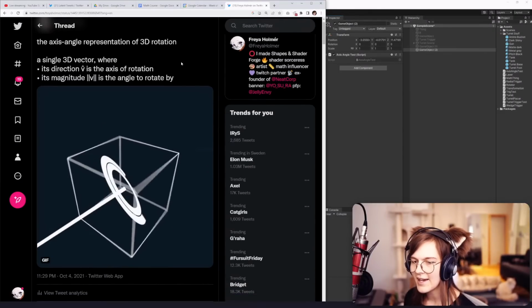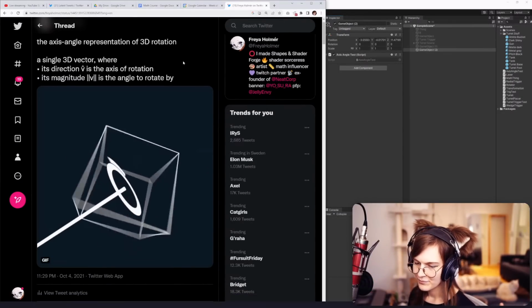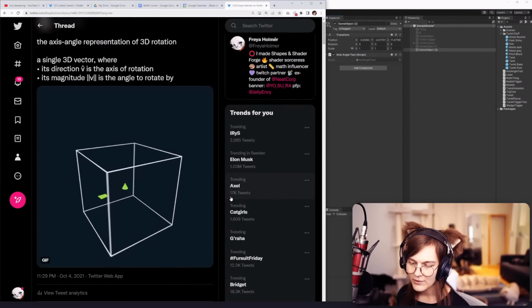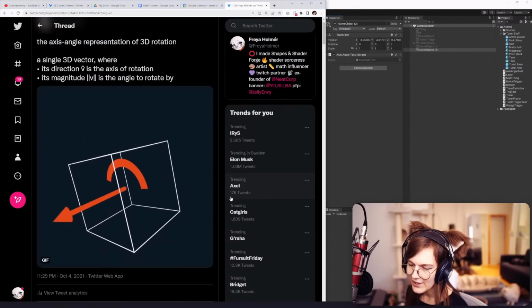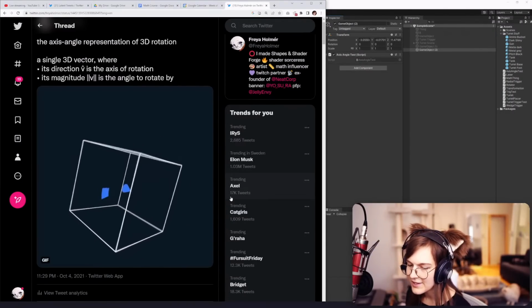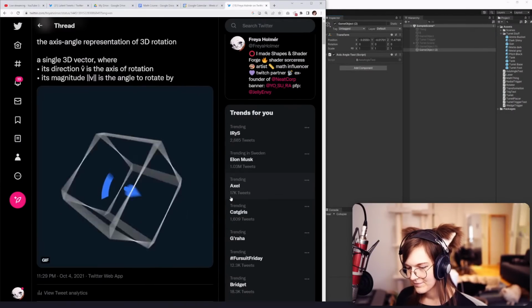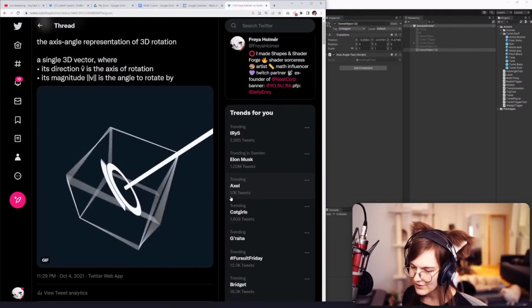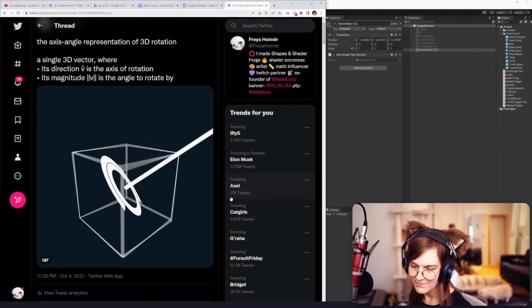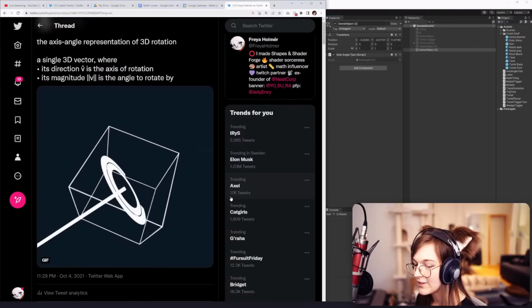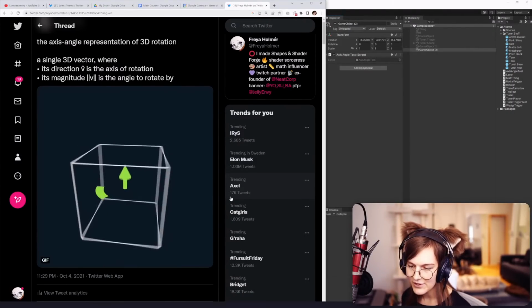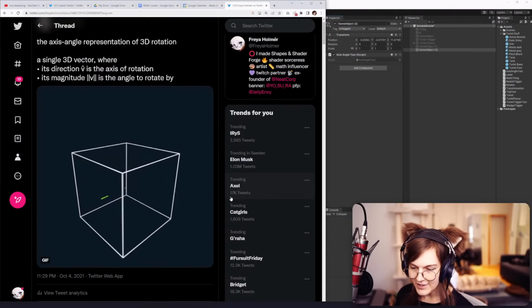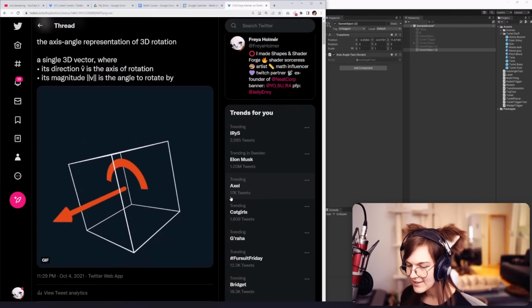So this is how the axis angle representation works. We can describe the orientation of an object using this vector. The longer the vector is, the further it rotates on that axis. So if we make it very long, it rotates further. If we make it very short or pointing the opposite direction, it's going to rotate in the other direction. So this is how you can describe 3D orientations using just a single vector.